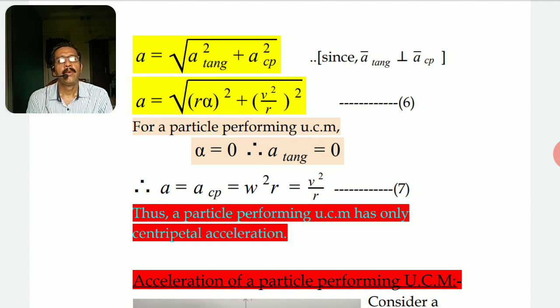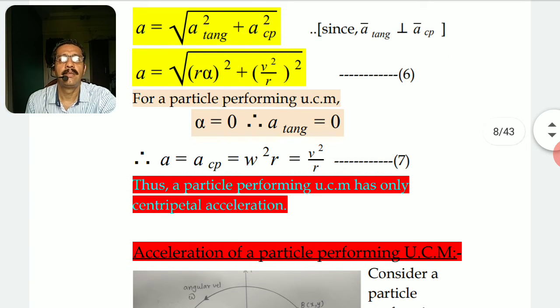Whereas if the particle is considered to perform UCM, uniform circular motion, as I said earlier, the alpha value will be equal to 0, and if alpha is equal to 0, you will find that the first term gets cancelled and the total acceleration is only centripetal acceleration.